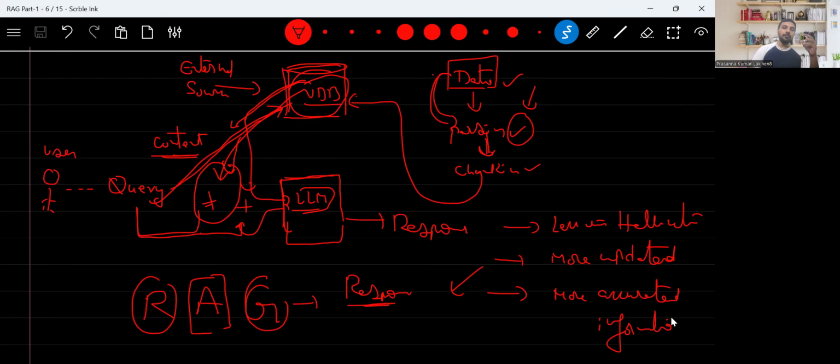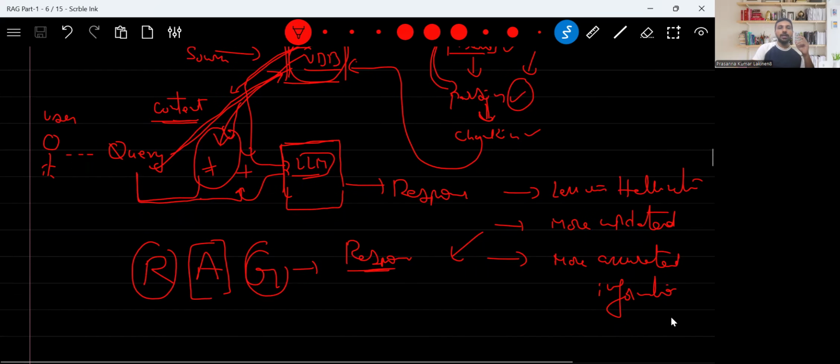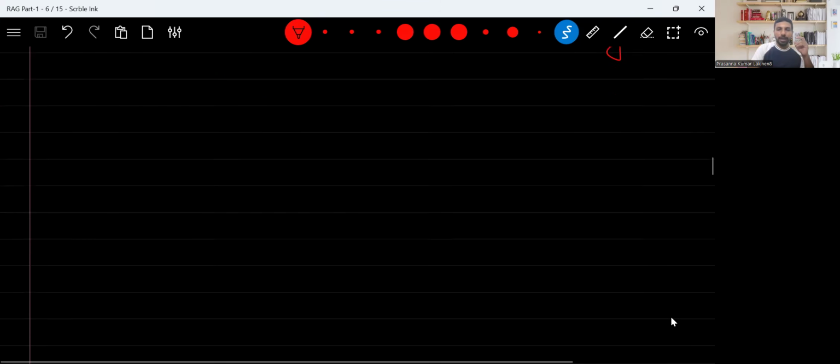Now the LLM will process and give you the response. We cannot say it is a 100% correct response. We can say it is more accurate, more updated, less hallucinated information. This is the importance of RAG.